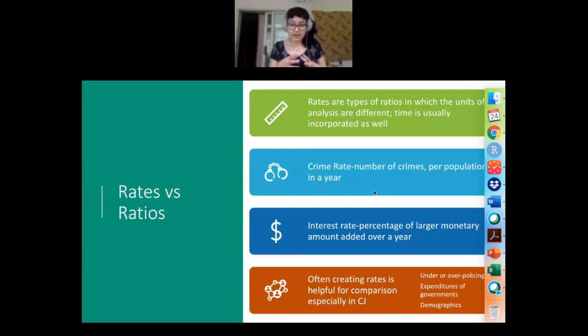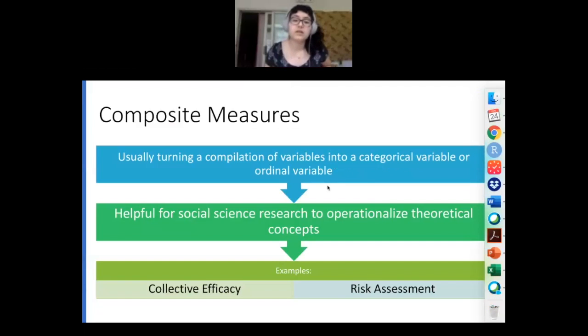Most rates are not at the individual level. Composite measures are often also used in social sciences because they allow us to take abstract ideas and make them into more concrete, tangible metrics.